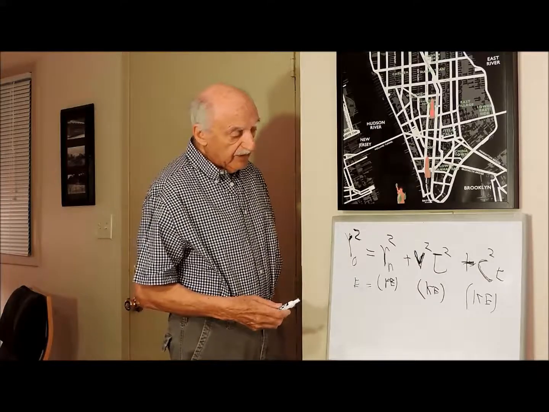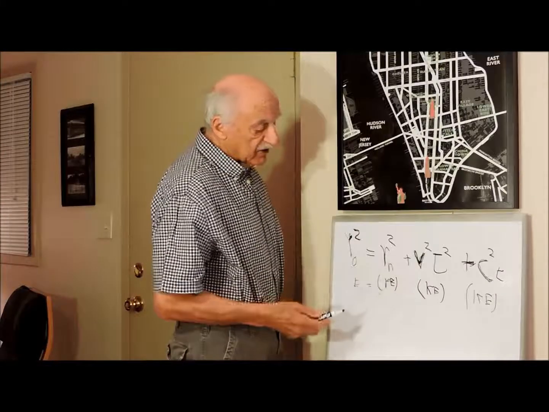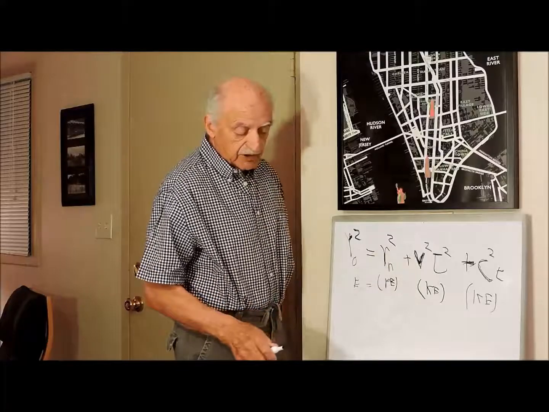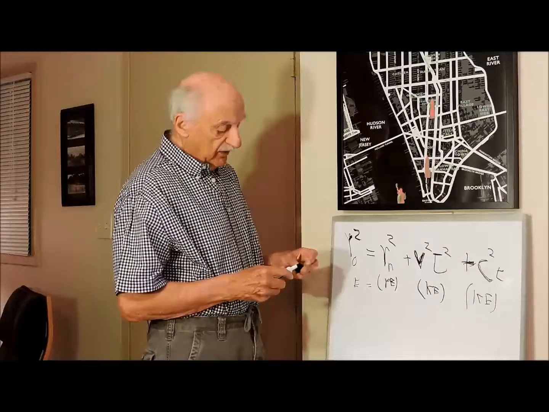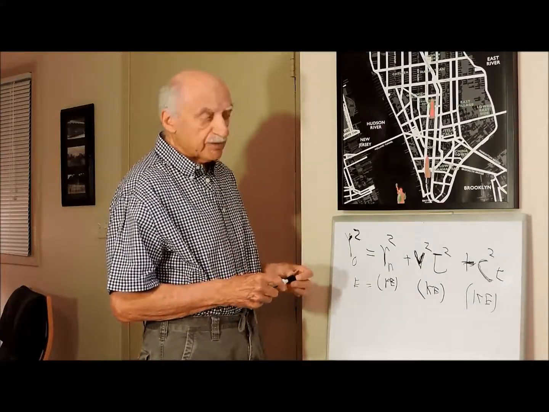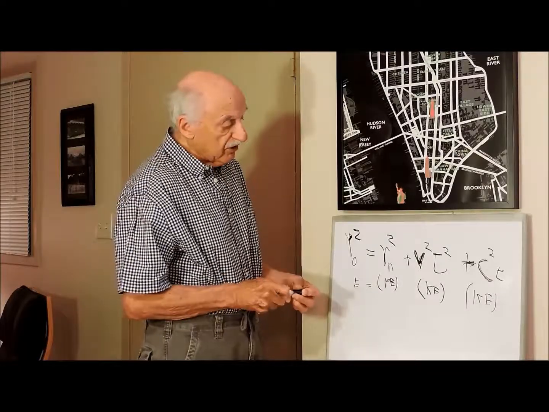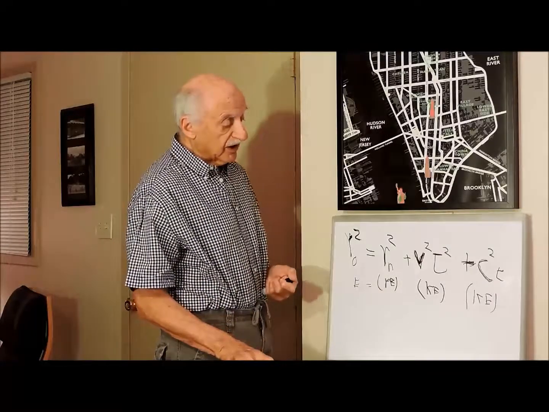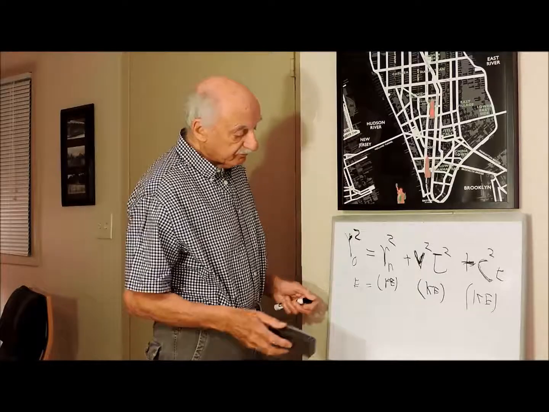Now, I called this the x dimension, which is the invisible dimension that represents a separation between the bodies that's associated with the velocity between them.